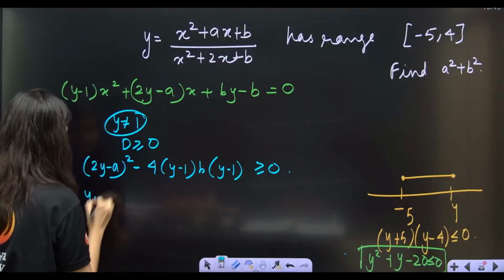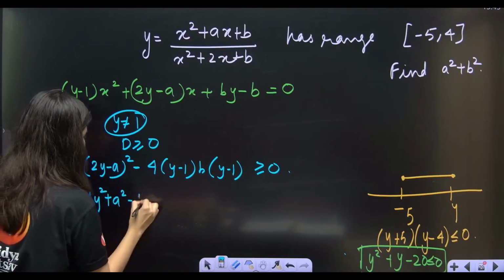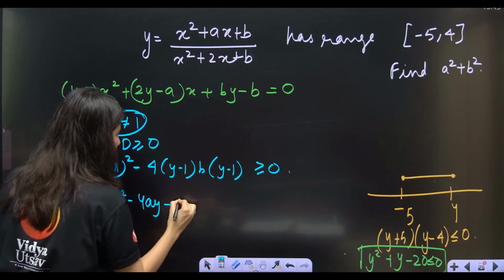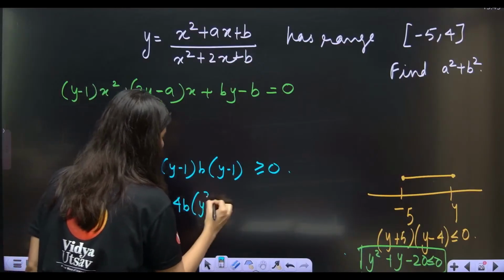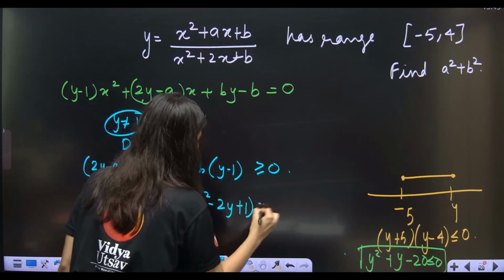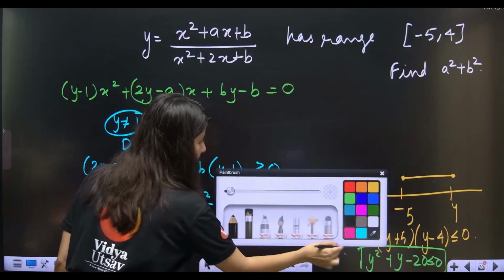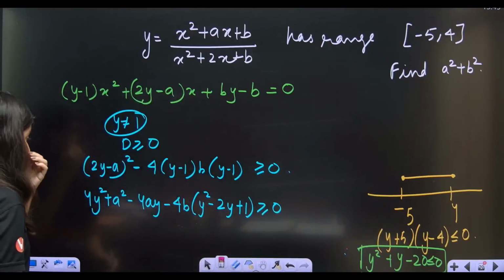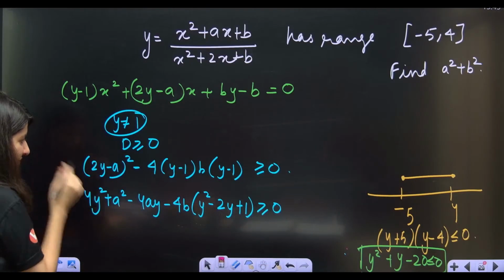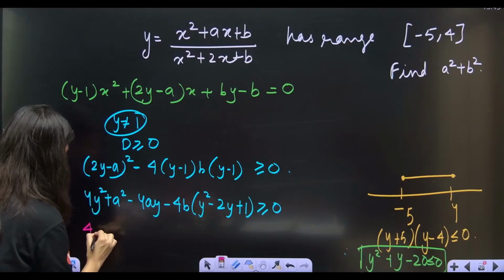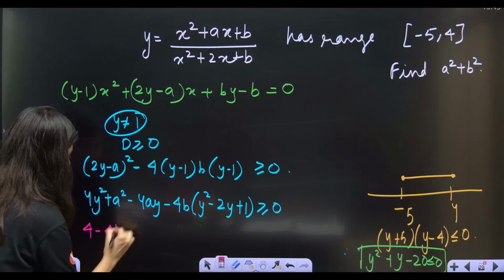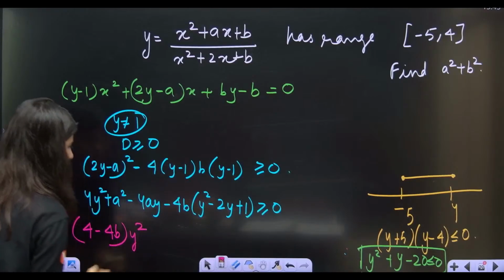So 4y square plus a square minus 4ay minus 4b will be here, y square minus 2y plus 1, greater than or equal to 0. So 4y square, 4 minus 4b, y square.